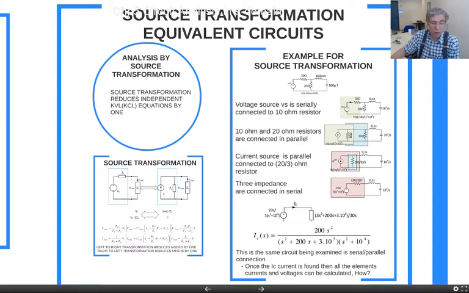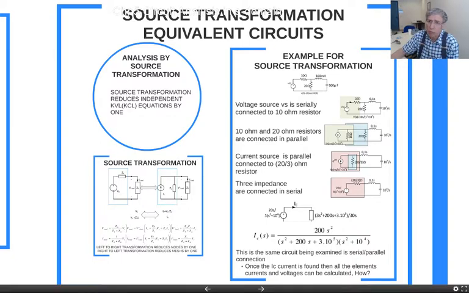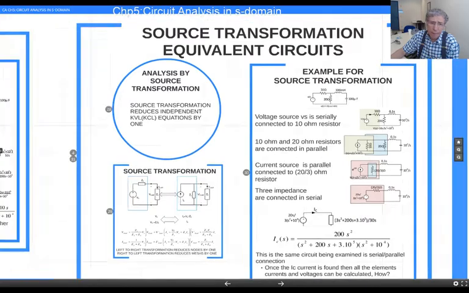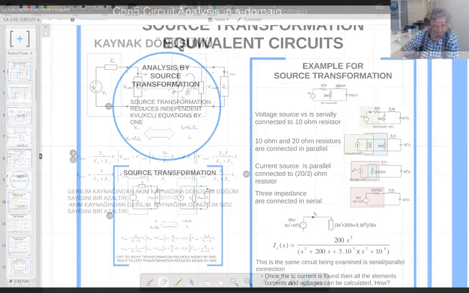So the same circuit will be analyzed by using the source transformation, and it has also already been analyzed by using serial parallel connection. Let's move to the open board now.